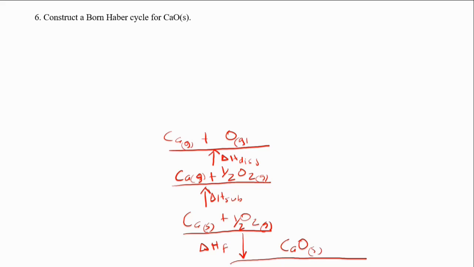Okay, the next thing we could start to do now is to ionize our calcium. So delta H ionization, and we love to put first ionization, seeing that calcium is divalent. Okay, so we have calcium plus, plus an electron plus oxygen atoms gaseous.